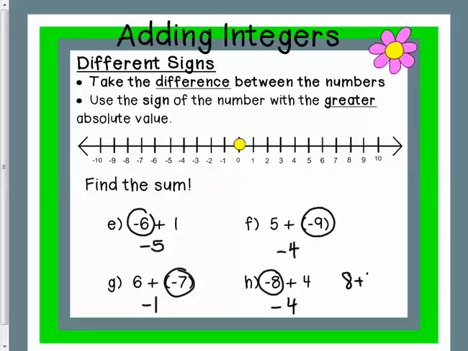What would have happened if it looked like this? Go ahead and write this in. This is your I. 8 plus a negative 4 is still 4, but this time the 8 is the greater absolute value and he's positive, so it's positive 4.